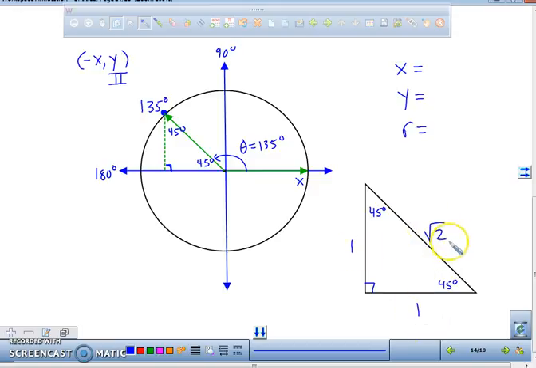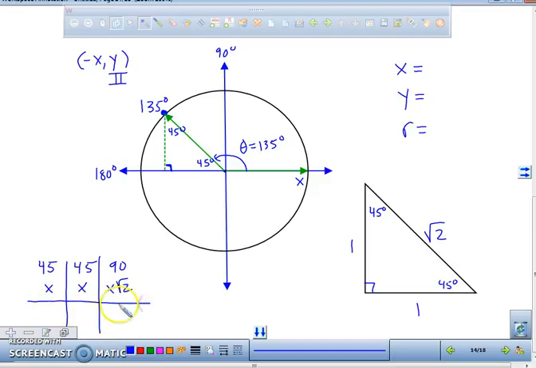You've probably done this chart before, where x represents the lengths of the sides. The hypotenuse will always be the length of one of the legs times radical 2. So right now we can say x is 1, and our radius, or the hypotenuse of the triangle, is radical 2.